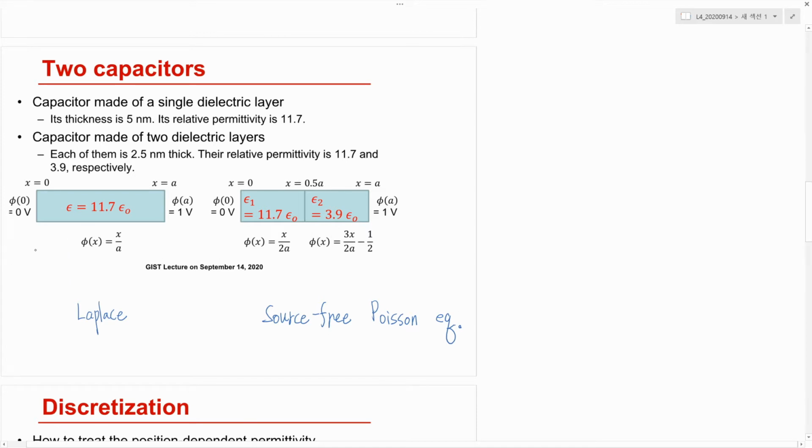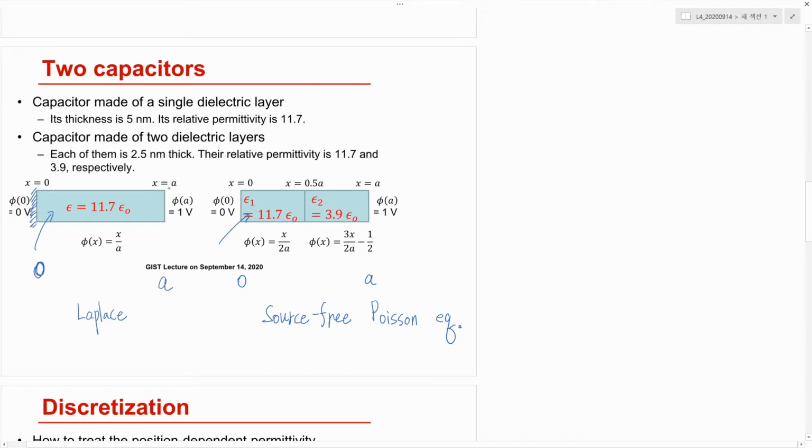These and that are dielectric samples, and we have the same domain for our two different structures. Starting from x equal to 0, ending at x equal to a. Also starting from x equal to 0 and ending at x equal to a.